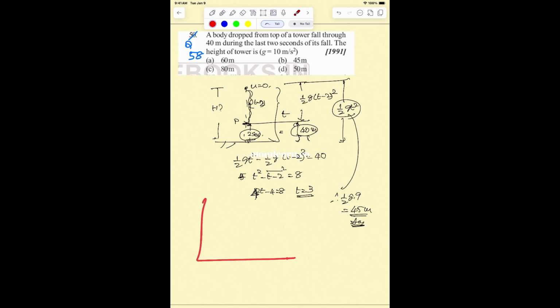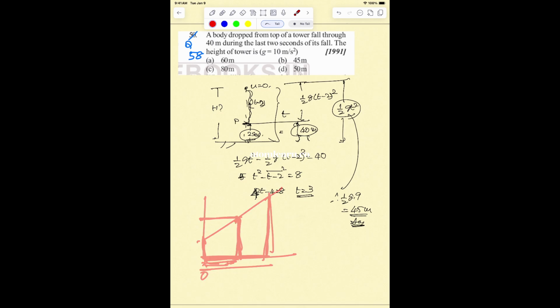As you know, in uniform acceleration motion, average velocity holds only if it is a straight line graph. Average is u plus v by 2, which occurs at the midpoint of the time interval, t by 2.